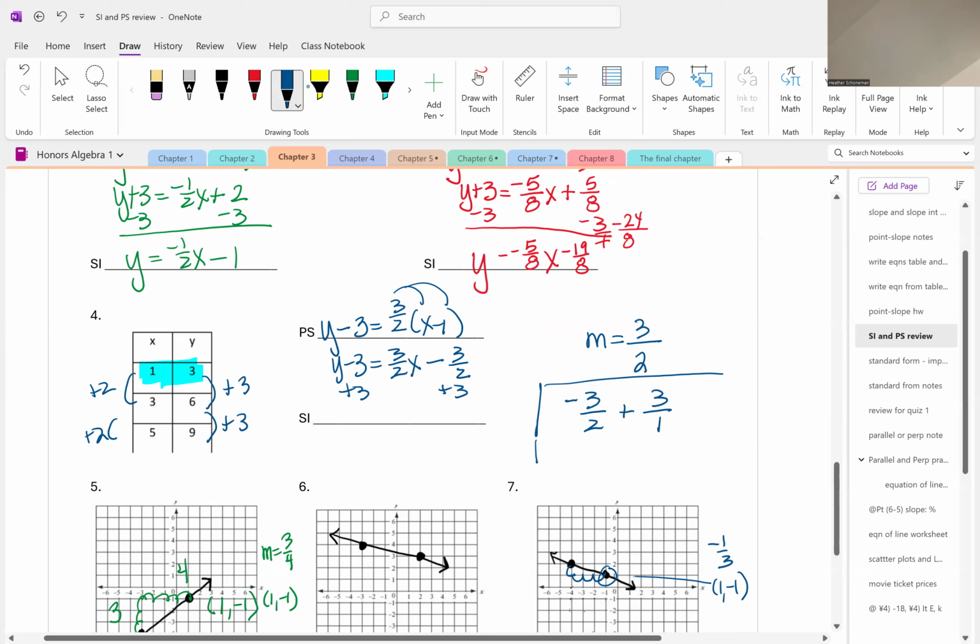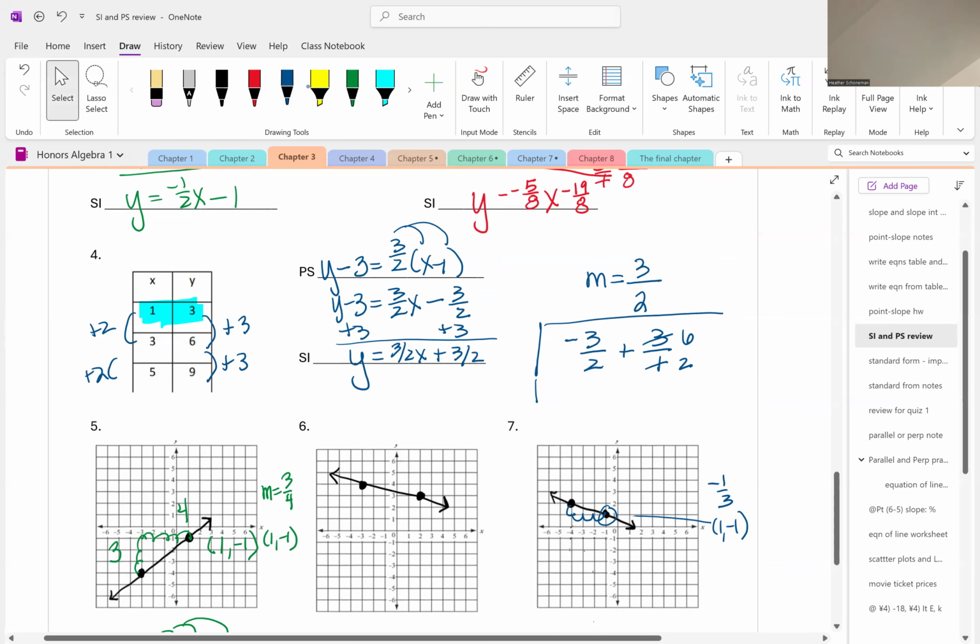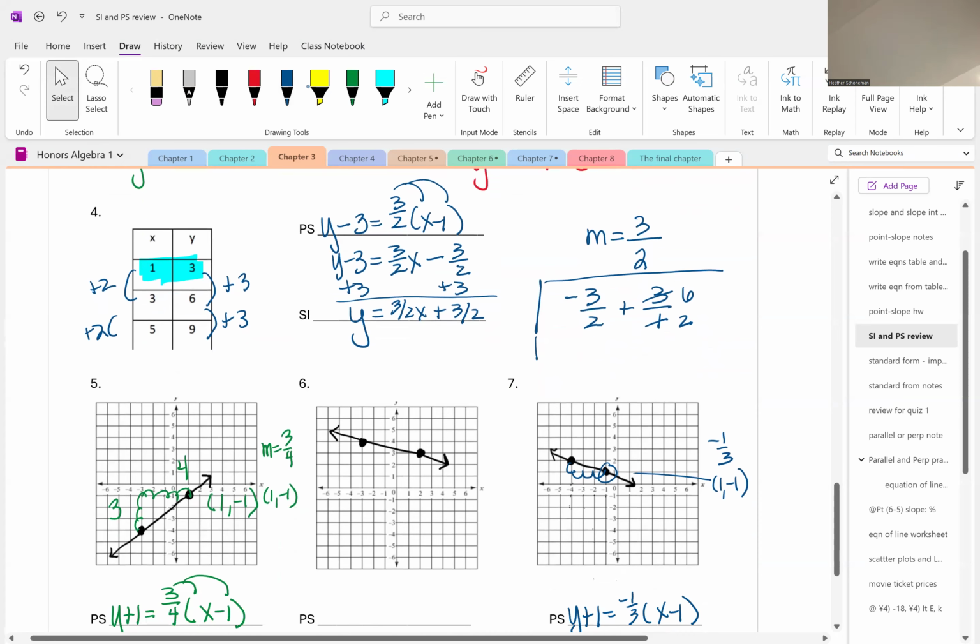Well, right now 3 has an invisible denominator of 1, so I got to make the denominator 2 so they can match. So since I multiplied the bottom by 2, I have to multiply the top by 2. And -3/2 and 6/2 would give us 3/2. So we get y equals 3/2 x plus 3/2. And now we're in slope-intercept form.